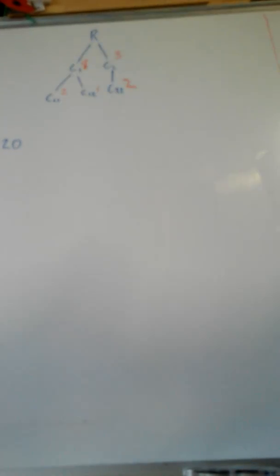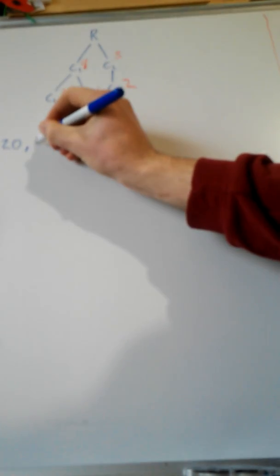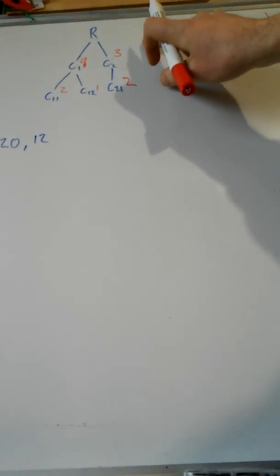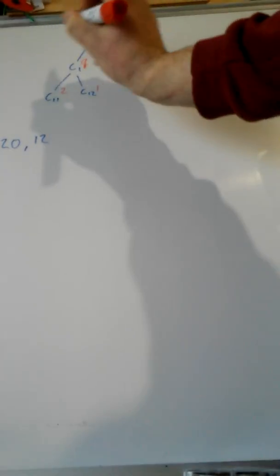Now we pop this one off the top. So our ordered structure is 20, 12, and that means that we can get rid of this node. That's 2, so we put a 2 at the top here. And again, we compare with the largest child, which is a 9, so we swap it.